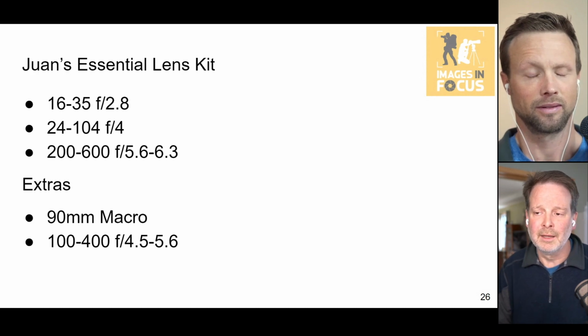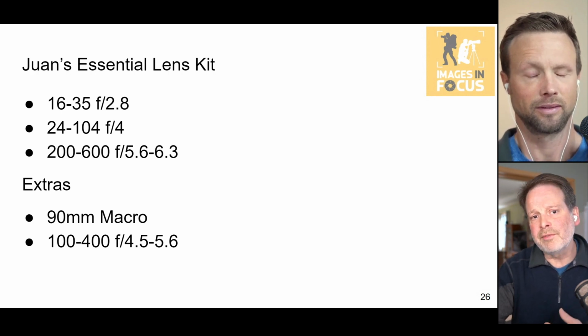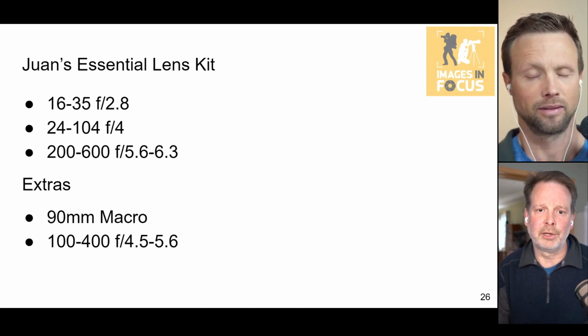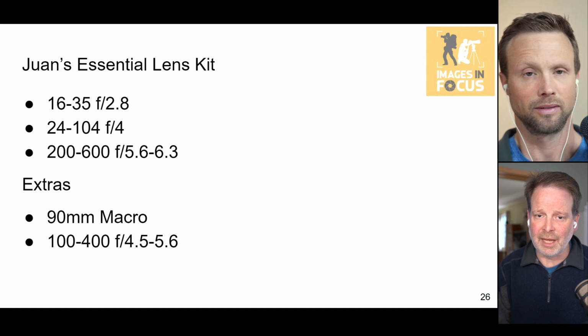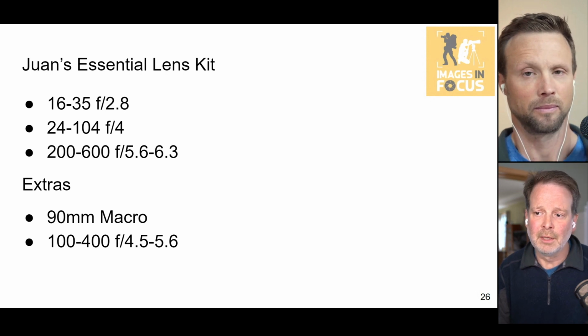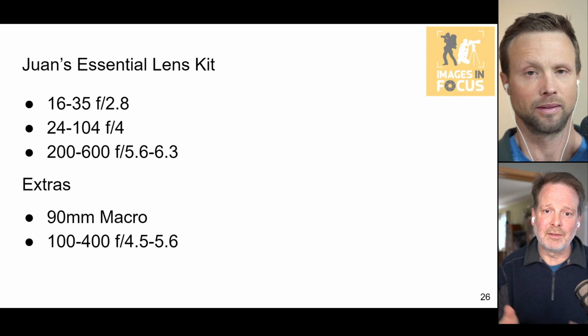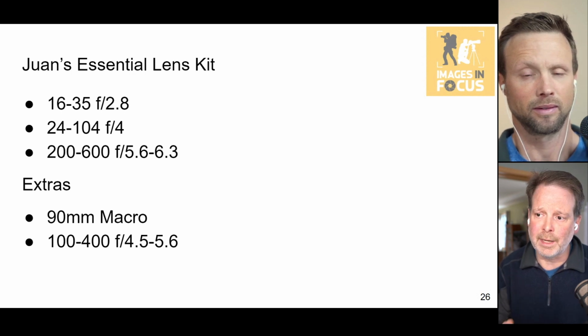Yes, it keeps you further away from your subject so you don't scare them as easily, but they're that much harder to hold when you're trying to stay nice and still. And then the wider macros, to me, are just too wide. So the 90 macro, for me, is a great range.